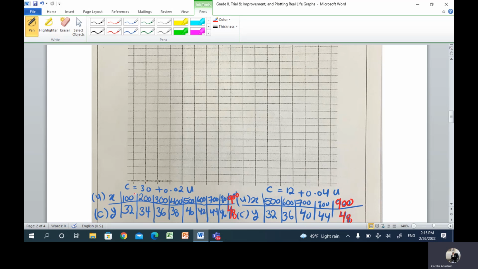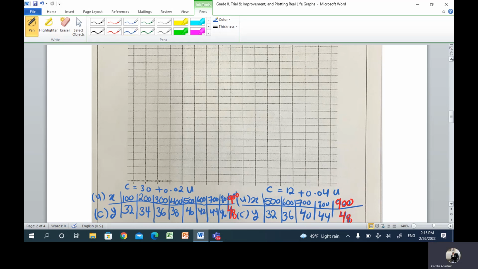So the second step, since we chose the values of X and substituted the value of X in the equation that we formed at the very beginning of the question, and we found the values of Y, the third step that you're going to use here is plotting, which is something that you already know.